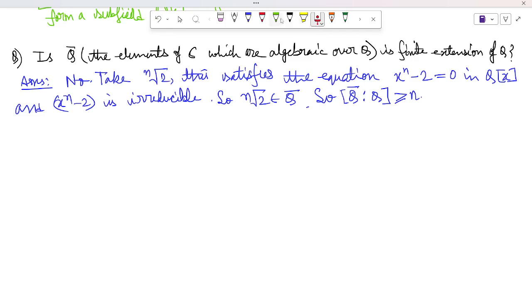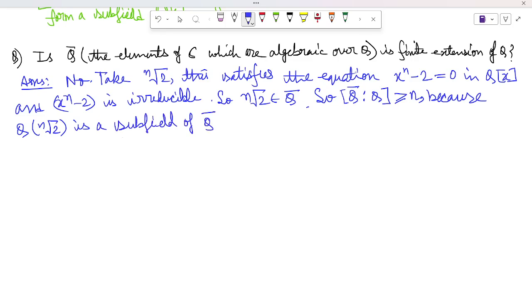Because Q adjoin this is a subfield of Q-bar, and by the tower law this divides that.